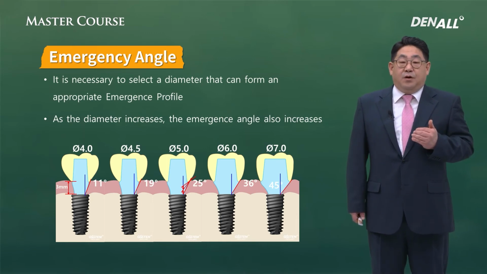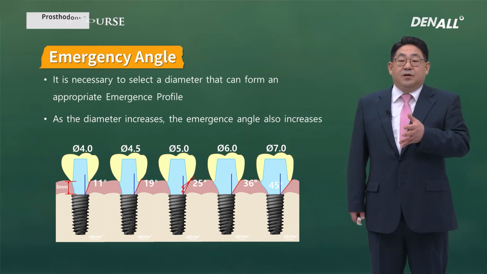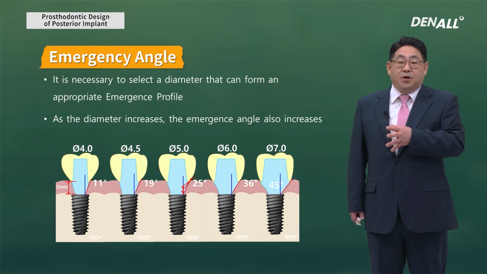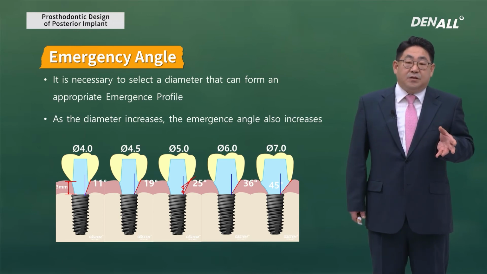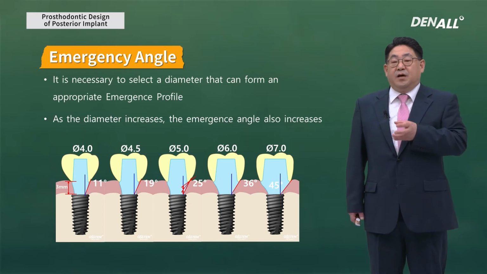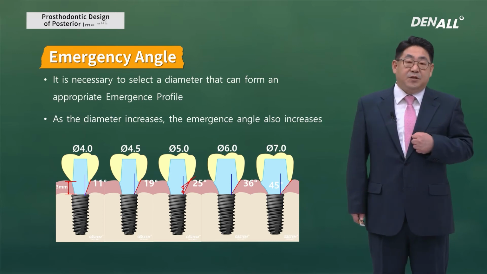In this case, if the acceptable scope of emergence angle is exceeded, rather than using subgingival prosthesis, you need to use either supragingival prosthesis or thin abutment.